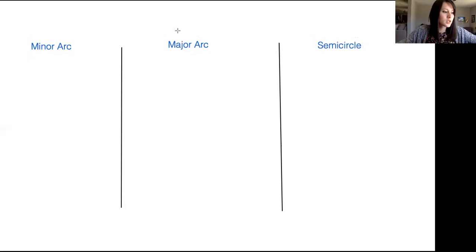So let's talk about what this is. Well, an arc of a circle is really the degree of, let's draw this here first. Okay, so there's my center or something like that.